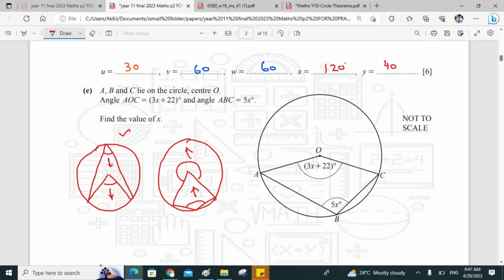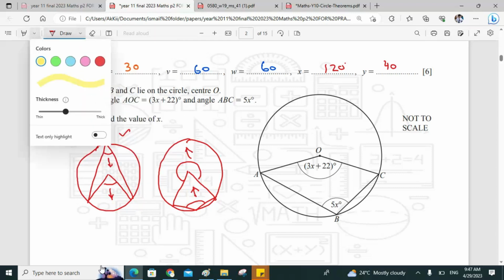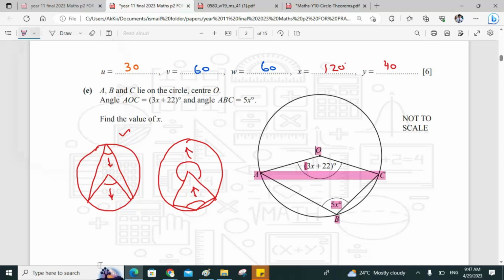So here this angle is given to you, but this angle cannot be made to come into any sort of relationship. So here what you need to do is take this as a whole circle. Again I'm highlighting this fact here. If I take this as a whole circle, that is equivalent to 360 degrees, right?